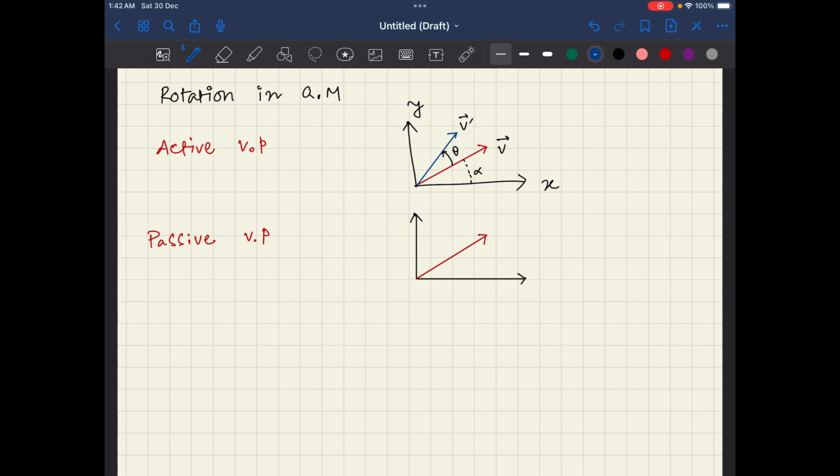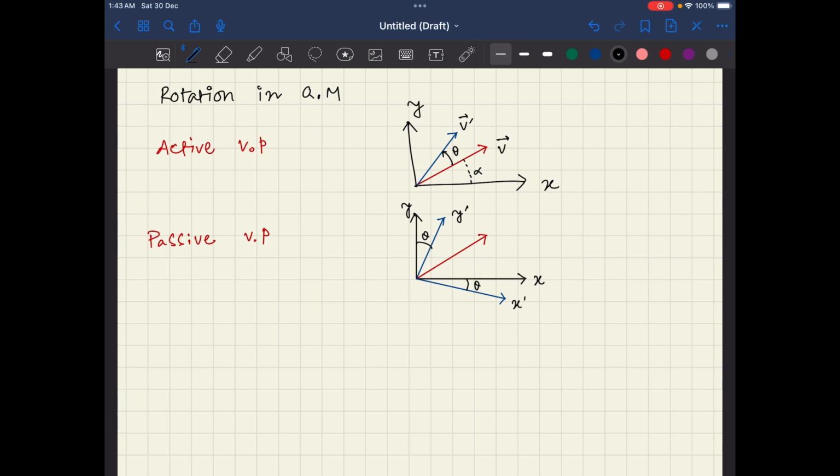So the coordinate axis is rotated like this with an angle theta. This is theta, this is theta. So before rotation this is x and y, and after rotation it goes to y prime and x prime.